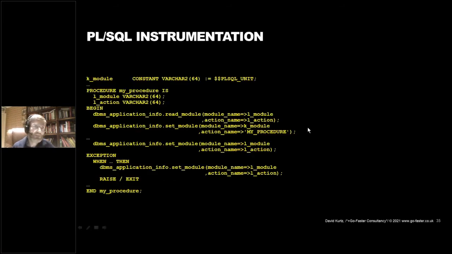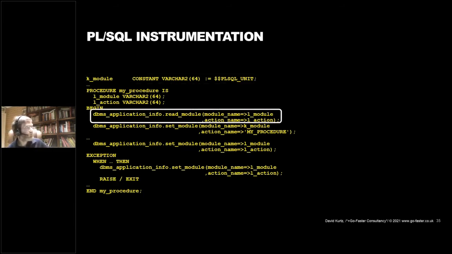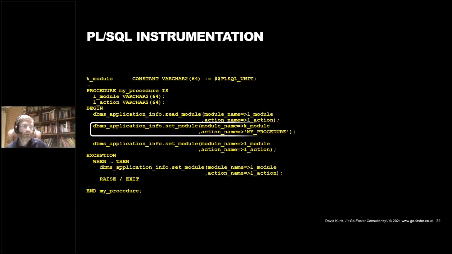When I'm writing PL/SQL, and I'm quite a primitive PL/SQL programmer really, this is the kind of thing I do. I'll have my package name in a module, and $$PLSQL_UNIT is my package name. And then in every procedure, I'll have a couple of local variables, and I'll store off the current value of module and action. And then I'll set my module and action.